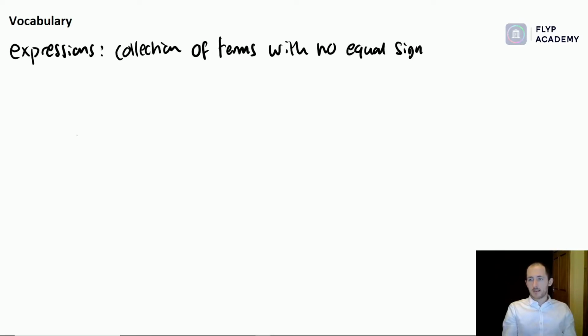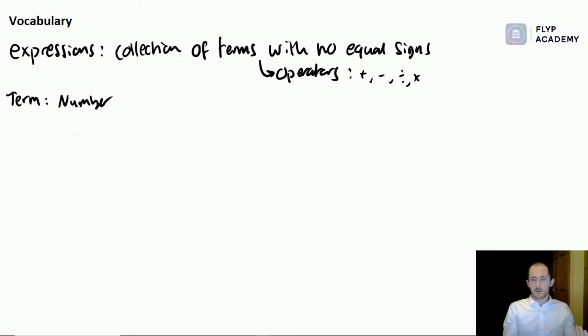You should keep in mind that when we have a collection of terms, there's usually operators. An operator is simply add, subtract, divide, or times. This brings me on to the next word, which is a term. A term is just either a number or letter or both.